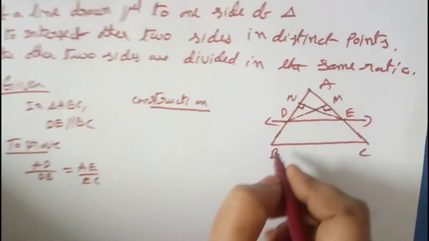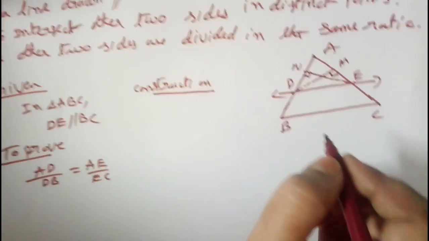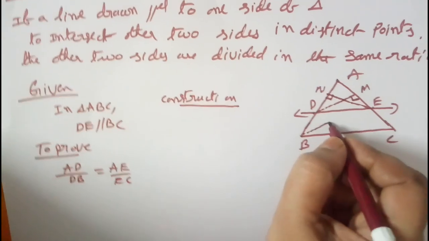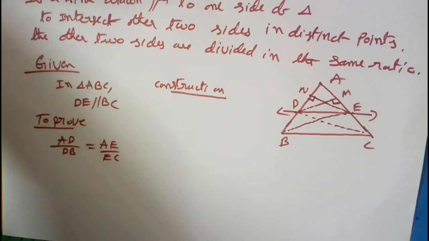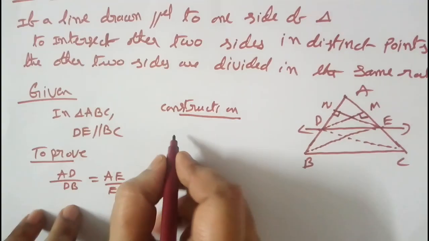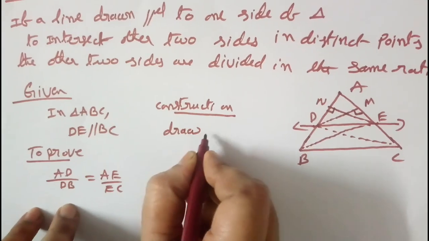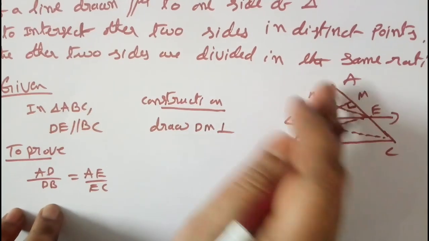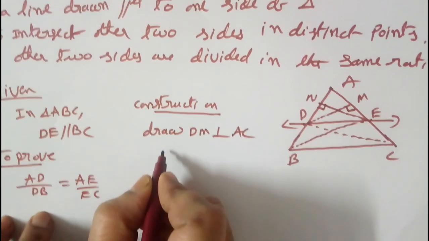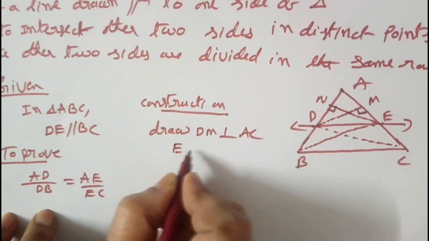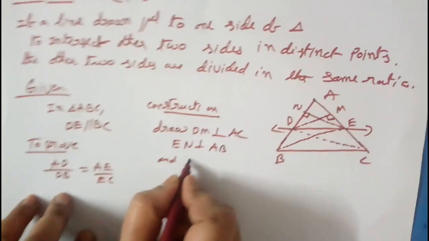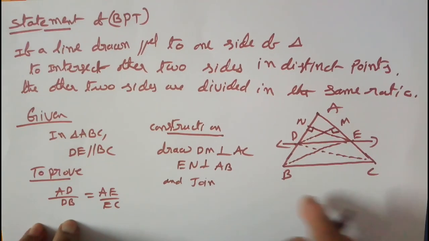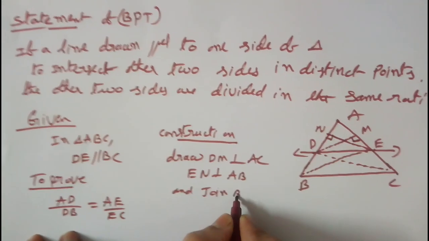Next join BE and CD. Draw DM perpendicular to AC, EN perpendicular to AB and join BE and CD.